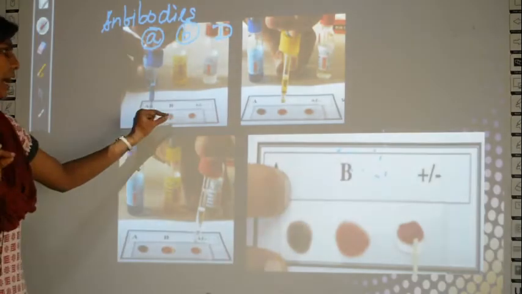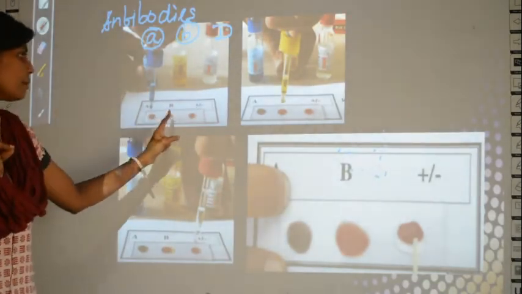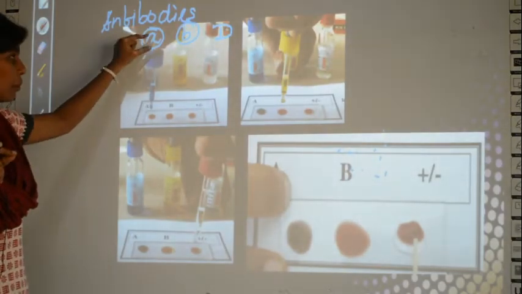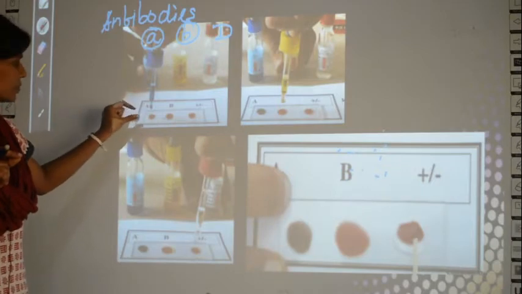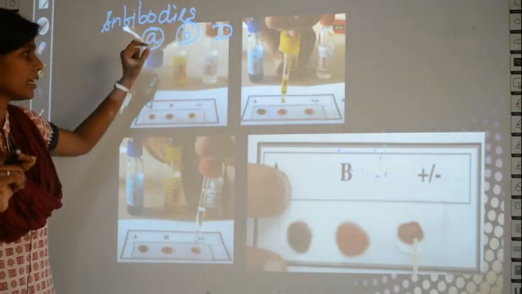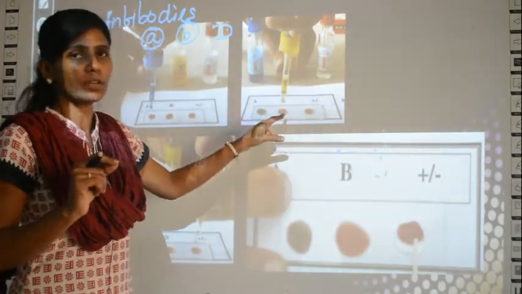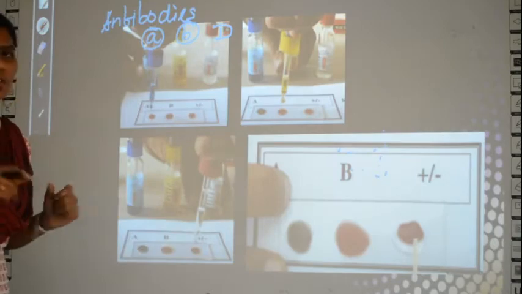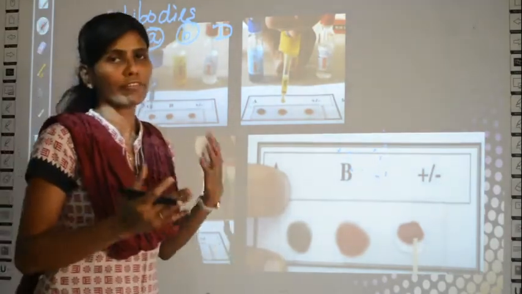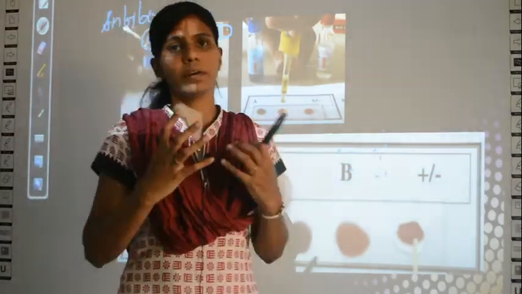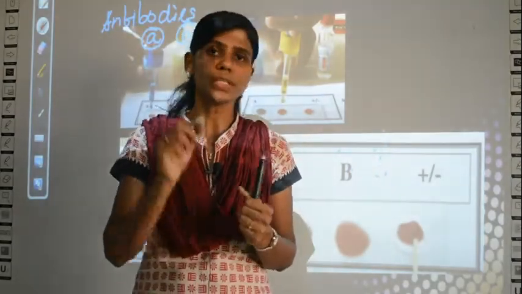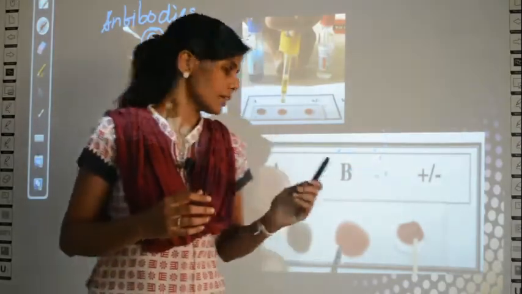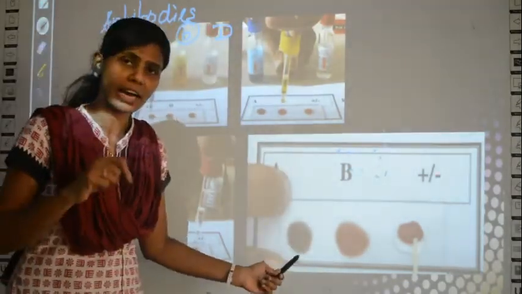So we have 3 drops of blood labeled as A, B and positive or negative. Take antibody A and pour it onto the first blood drop. Take antibody B and pour it onto the second blood drop, and take antibody D and pour it onto the third blood drop. After pouring, the people who test use a matchstick or a toothpick to mix the antibody well with the blood.